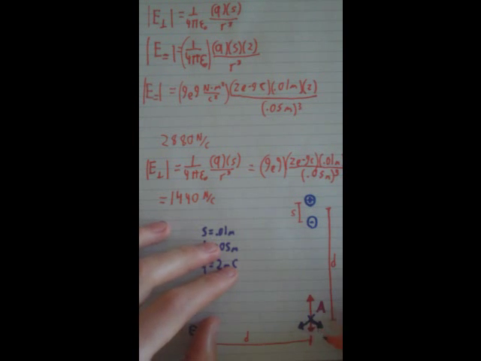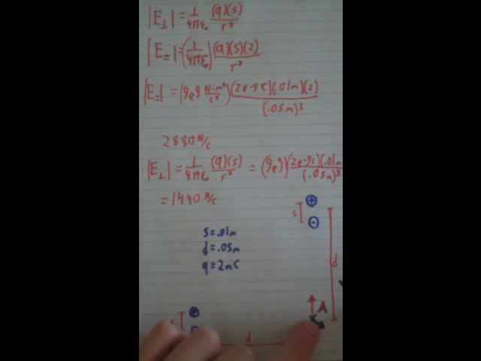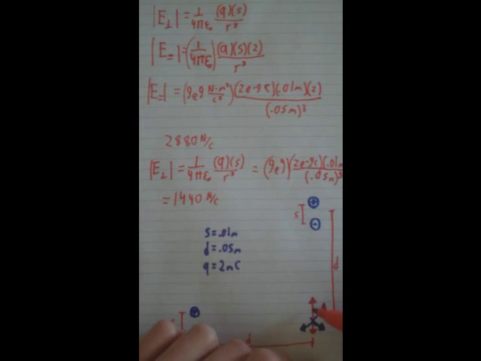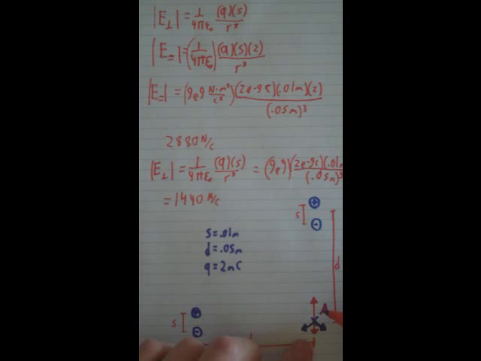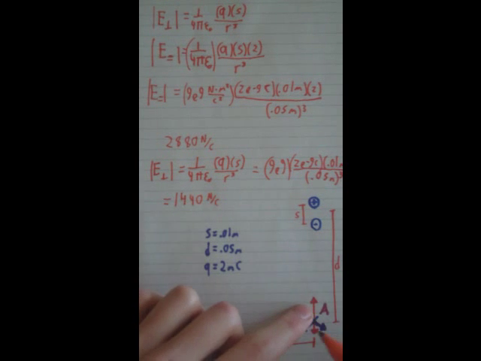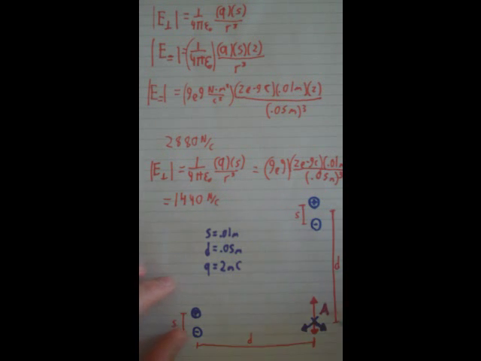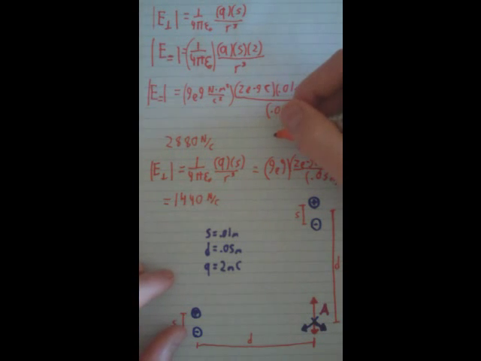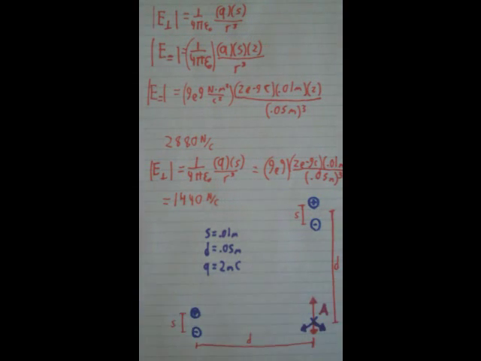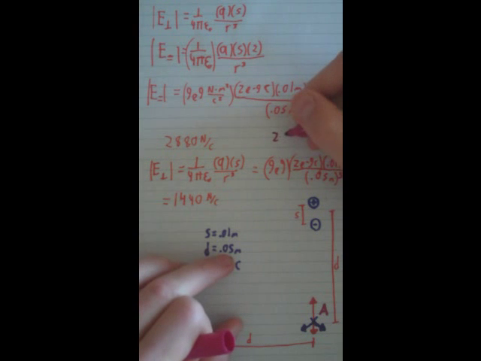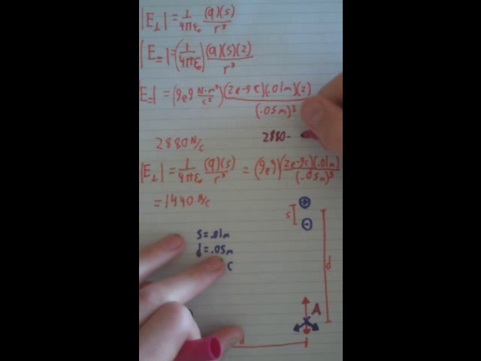Okay, so now we have to find the net electric field due to this arrow, which is for the parallel, and then this arrow, which is for the perpendicular. And since they're going in opposite directions, they're going to be subtracted from each other. So we just do a simple math problem. 2,880 minus 1,440 will equal 1,440.